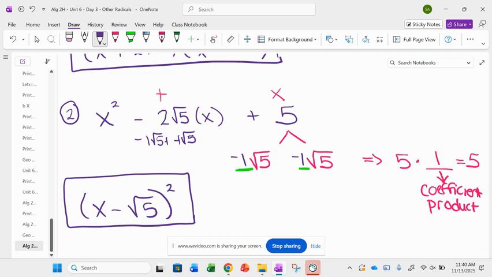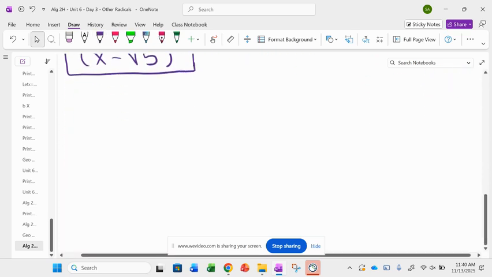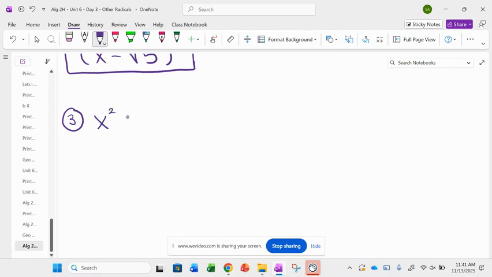Let's try another one. So now we need factors that multiply to positive 30, but add to a positive 8 root 2.